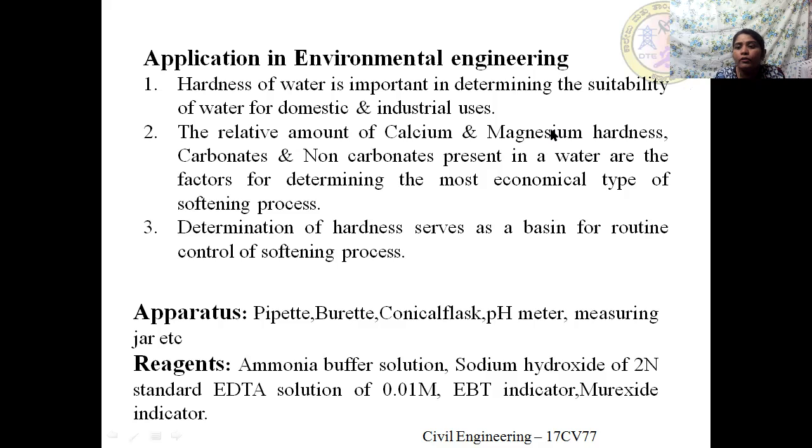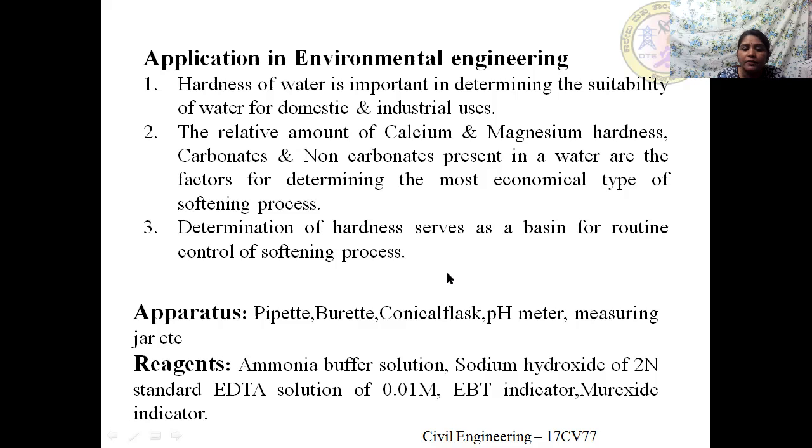So should I go for a special treatment or softening process, where I can include the zeolite process or reverse osmosis process? In this way, it is determined mainly in the treatment plant. It plays a very, very important role. Determination of hardness is also a basis for control of these softening processes.